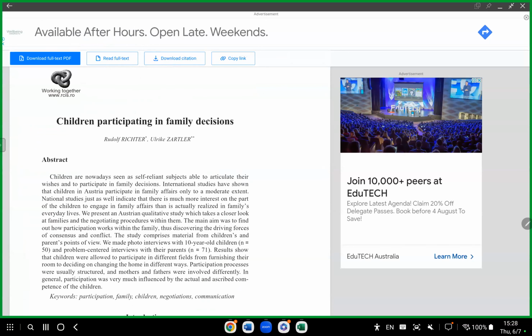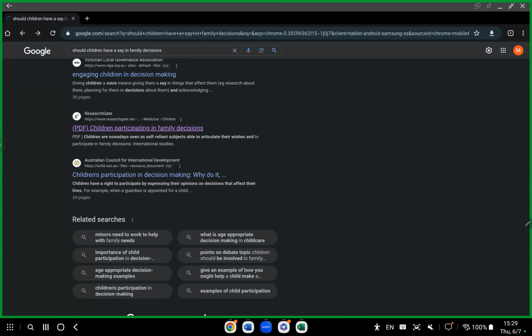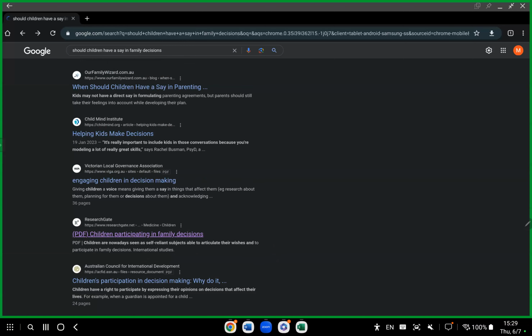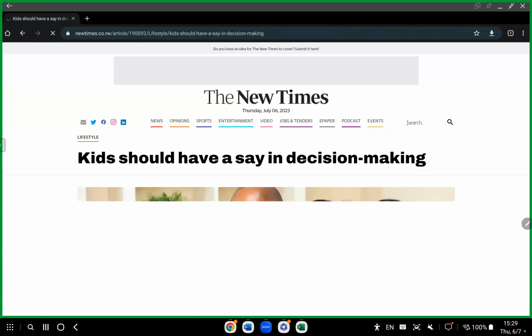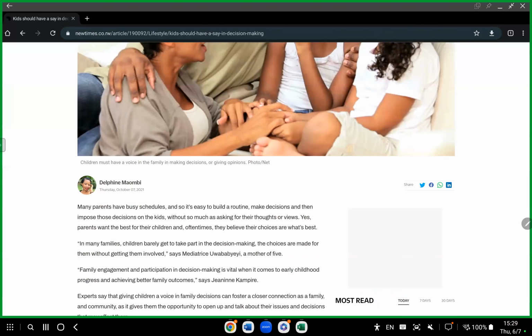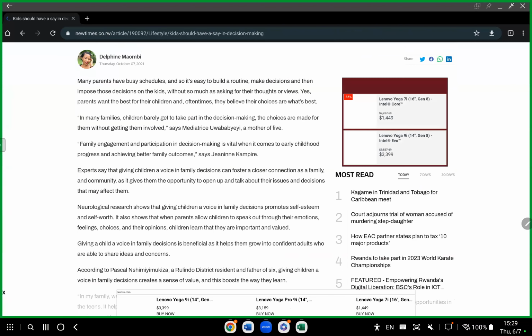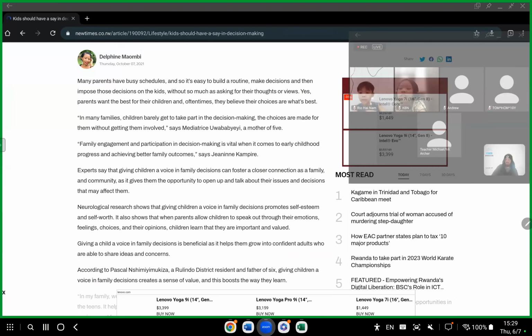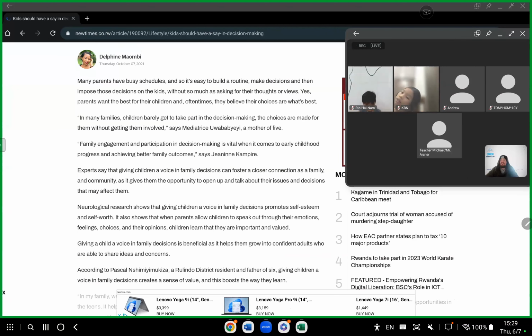Okay, so this looks like a little bit of an advanced paper to use right now. Let's have a look at the New Times. So now we would read through our evidence that we've got here. So we want to read through it and try and find information that supports our opinion.